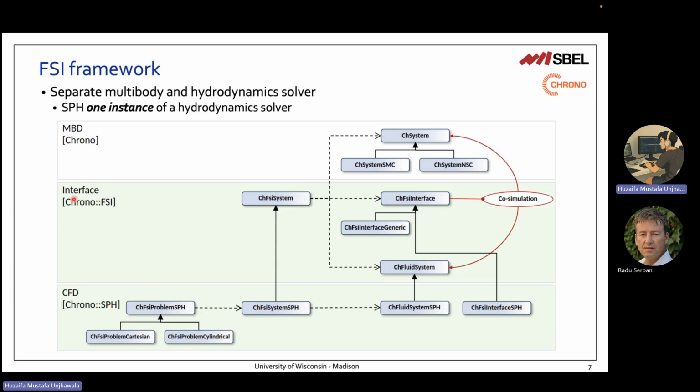And you do this with this interface, which does the communication. It understands what the multi-body dynamic systems need, and it understands what the fluid system needs and communicates between the two. So that's what's shown here. You don't really need to remember these class names or any of these details, but just an overview or a high-level idea of how this framework is structured.